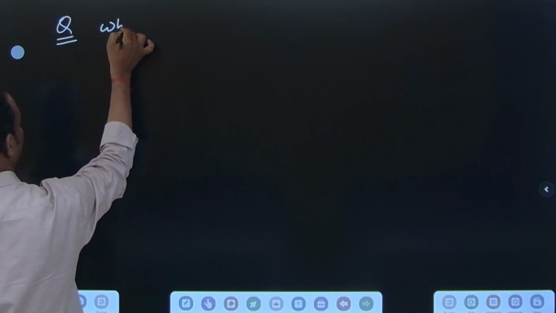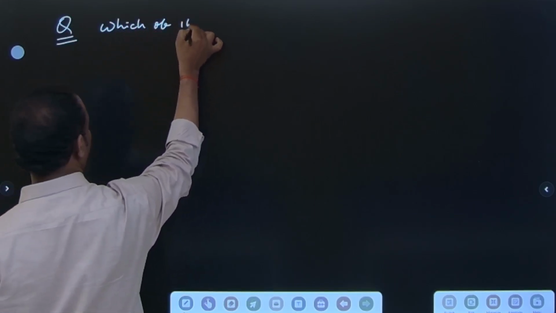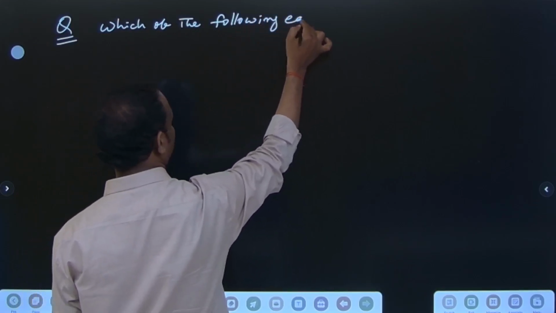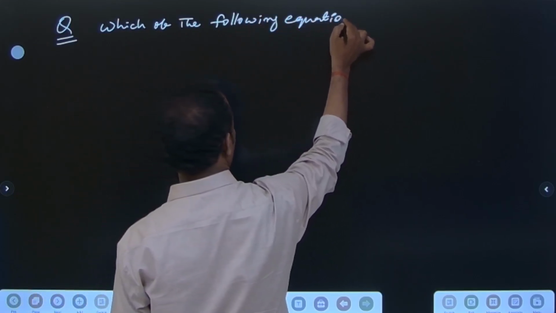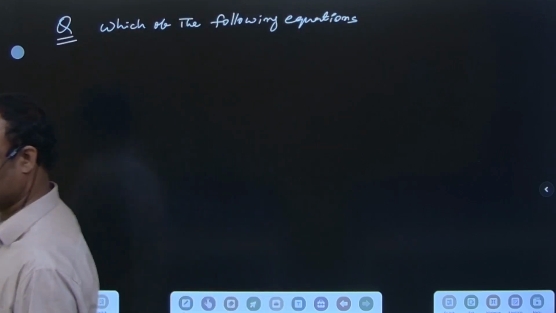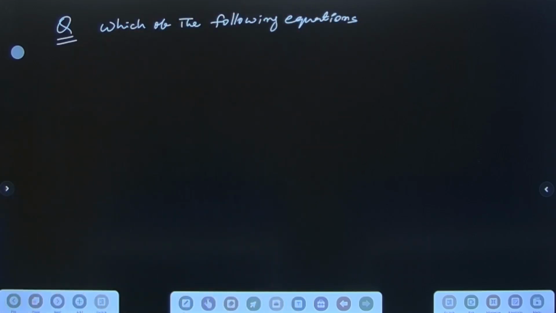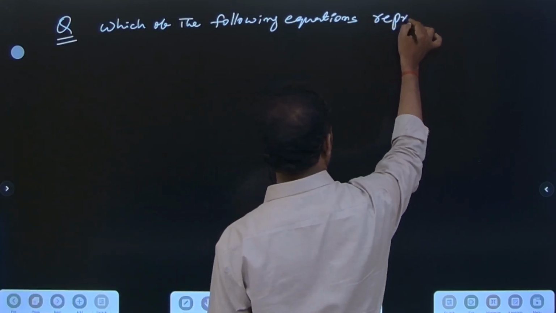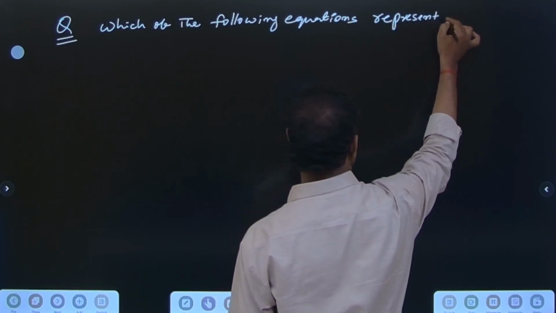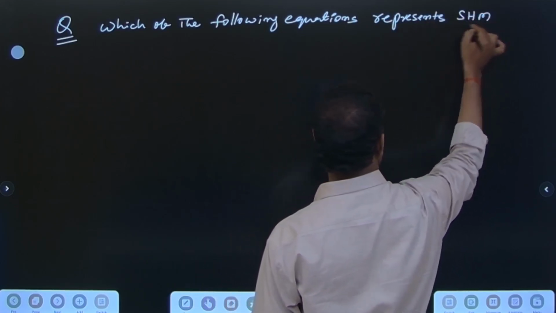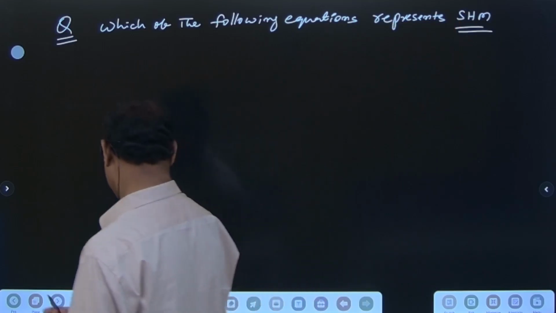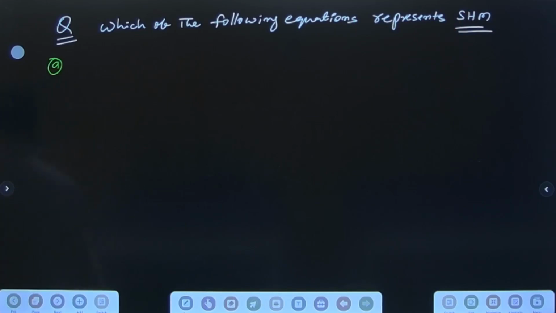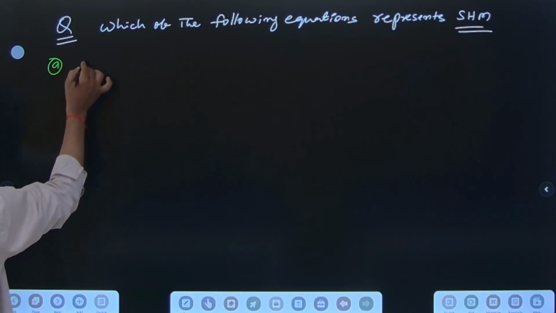Question: which of the following equations or functions represent SHM? For the very first one, it is sin 2 omega t.